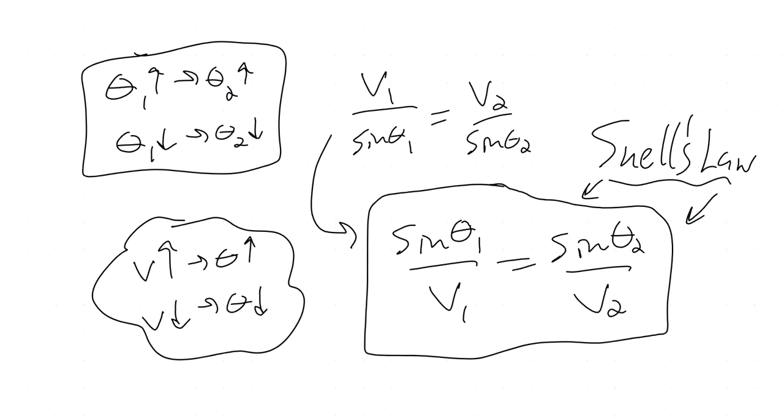So there's a few things I want to go through right now. First, if you have a circle like this, the normal lines go to the center of the circle. So say I have rays coming in like this. This would have a theta 1 of 0 degrees. This would have a theta 1 of like 30 degrees. And this would have a theta 1 of 30 degrees.